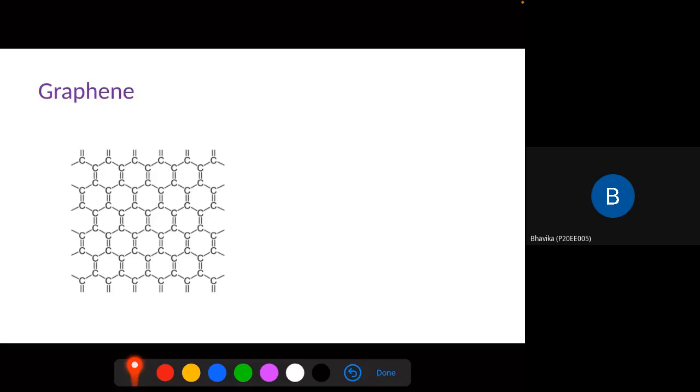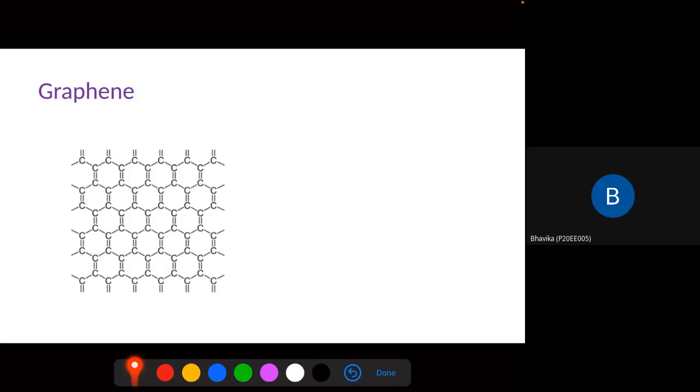So graphene is the 2D form of your nanostructure, which basically has sp2 hybridization again.